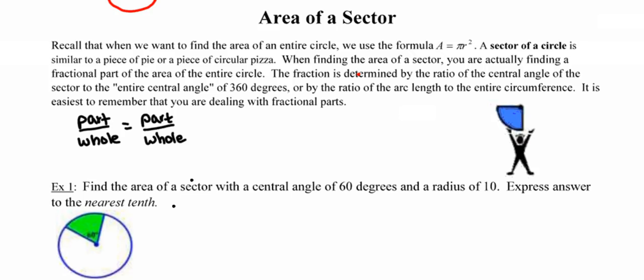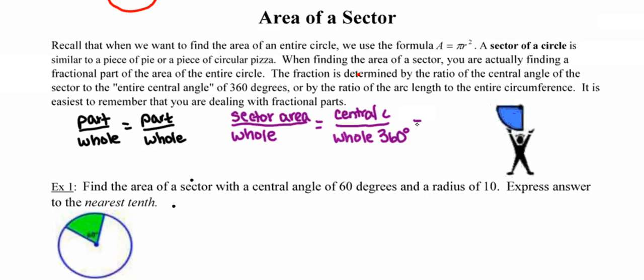And we can actually look at any two of three ratios. The three ratios that we're going to consider are the sector area, which is the part of the circle, over the whole area. We might compare that to the measure of a central angle, which is the part of the circle over the whole 360.